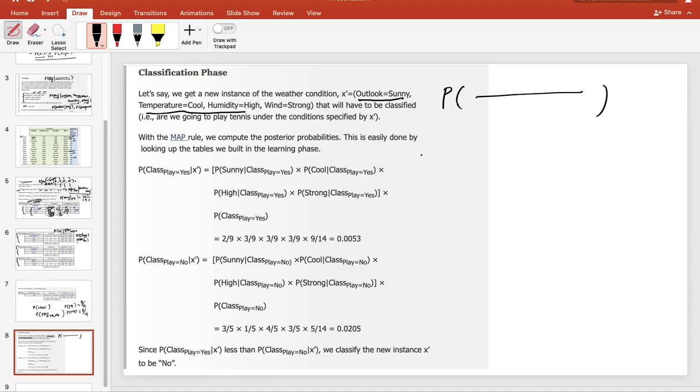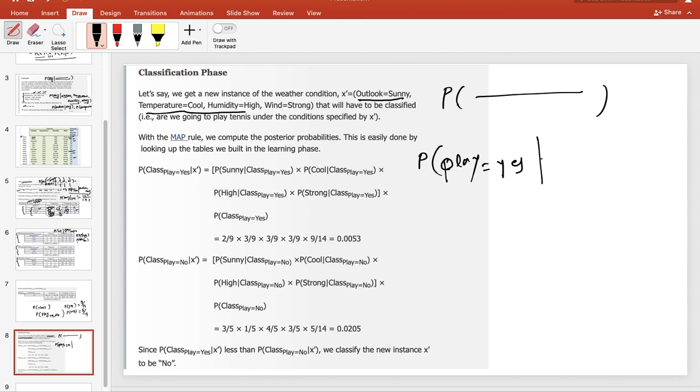So this is nothing but the probability of the class, probability of play is equal to yes given these weather conditions, right?